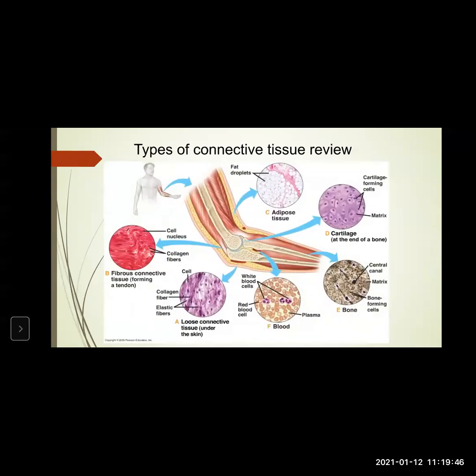Now, let us review what we have studied today. We have studied about different connective tissues that are present in our body. The first tissue that we discussed was blood. Blood is also known as liquid connective tissue as it is composed of many types of cells: WBC, RBC, plasma, platelets.